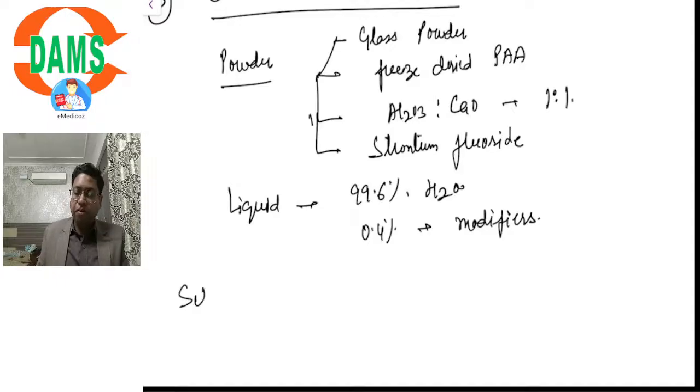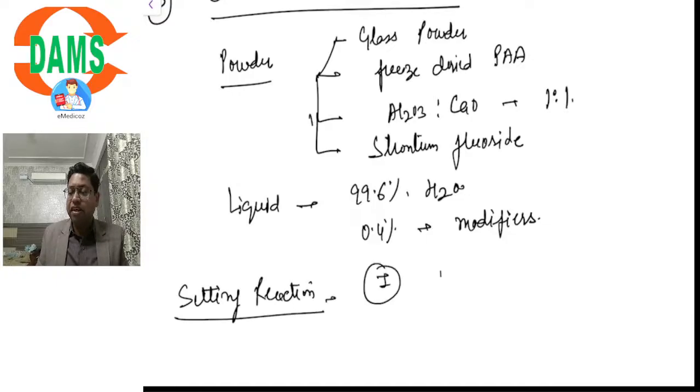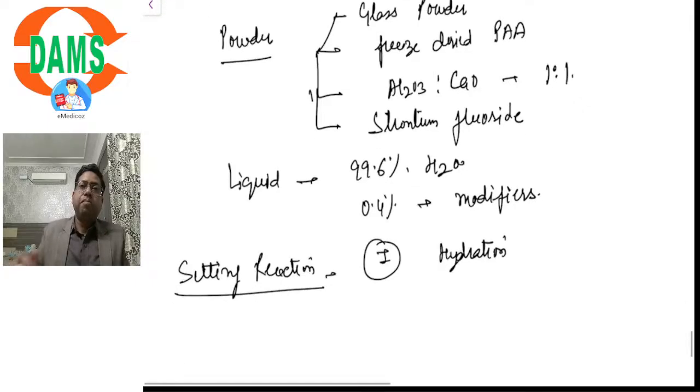So if we talk about the setting reaction, what would be the setting reaction of this cement? The first reaction is hydration. The water is mixed with powder, so a hydration reaction occurs.